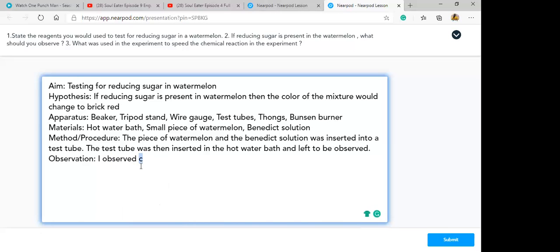Observed. And you don't put the I in it. You say it was observed. Yeah, I was trying to put.